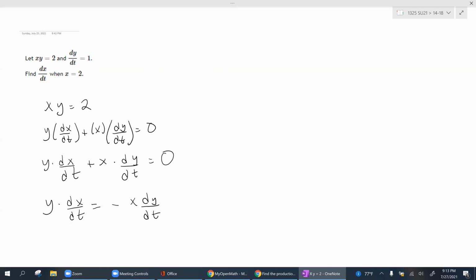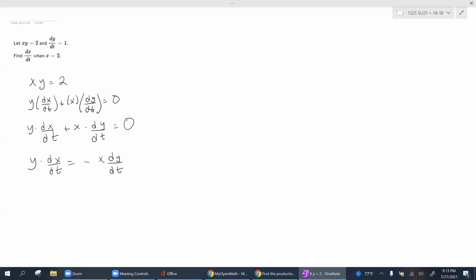And I need to get dx over dt by itself, so I'm going to divide both sides by y, meaning dx over dt is equal to negative x over y times dy over dt. Very nice.